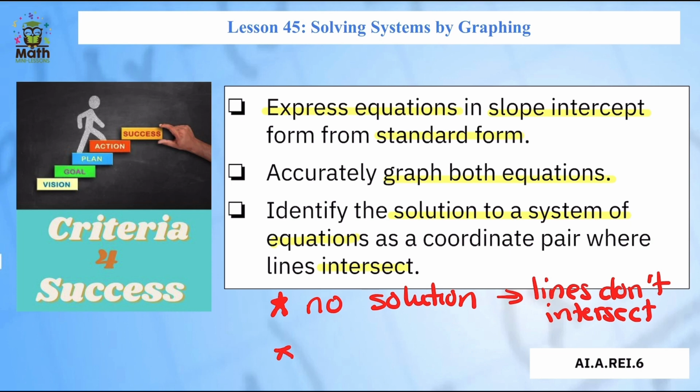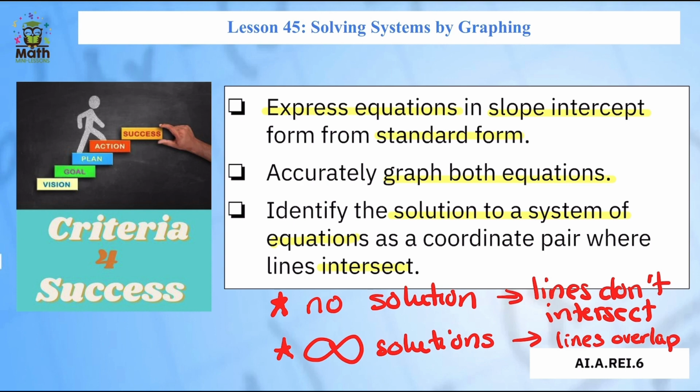And then there's another point where there's infinity solutions. Why? Because every single point matches because the lines overlap. And we're going to talk about those because it does come up, even though in the models we're going to do today, we will have one solution where those two lines touch.